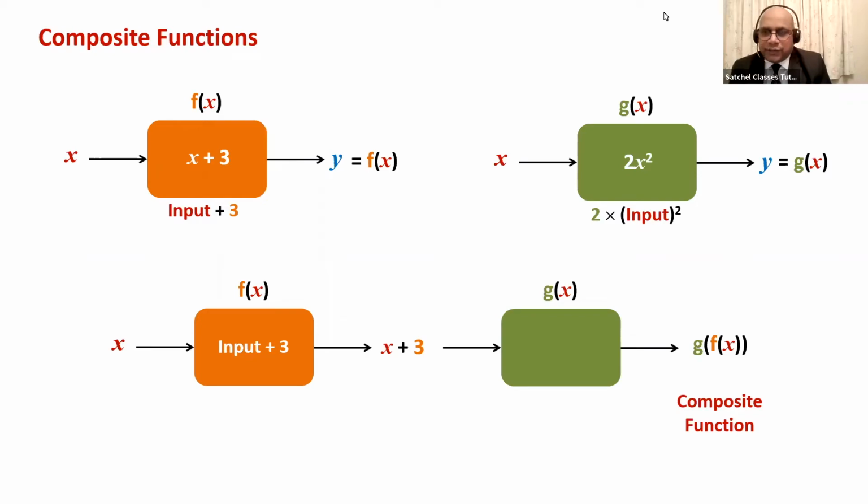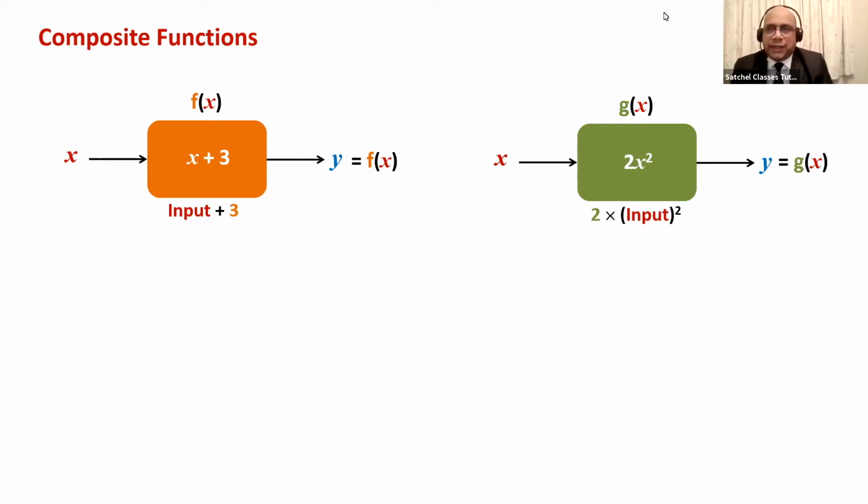What does g of x do? It squares the input and doubles it. We have defined it earlier. So if the input was x plus 3, the output will be x plus 3 the whole squared times 2. So g of f of x is actually twice of x plus 3 the whole squared.